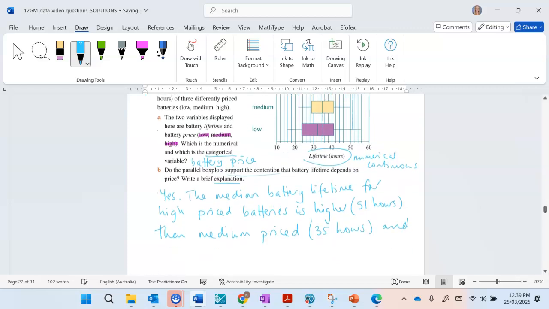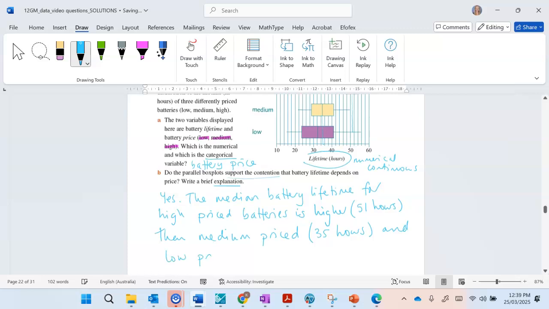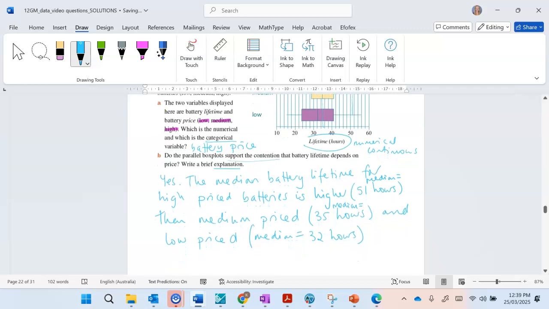And low priced. I should probably write median equals, low price median equals, and then the last one is at 32. All right, so there is a difference. Yeah, so the median battery lifetime for high price batteries is higher.